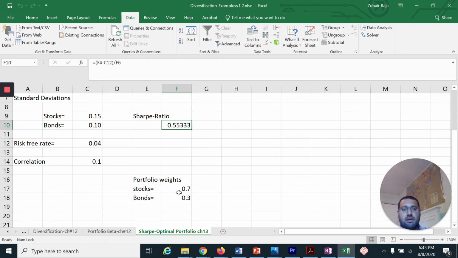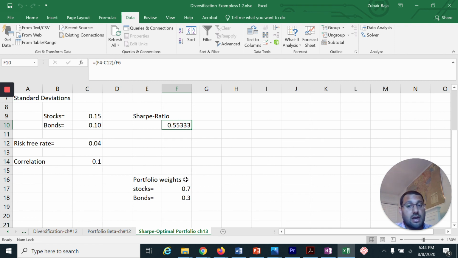The solver is telling me that with this data set of expected return and standard deviation of the individual assets like stock funds and bond funds, if I invest 70% in the stock funds and the rest, 100% minus 70%, which in decimal is 0.3, in bond funds, I will get the Sharpe ratio of 0.553.